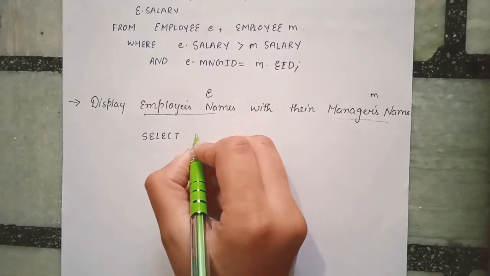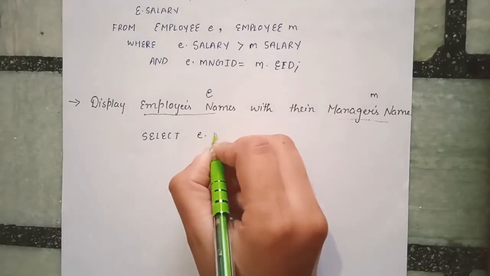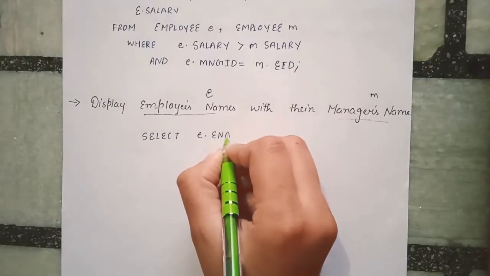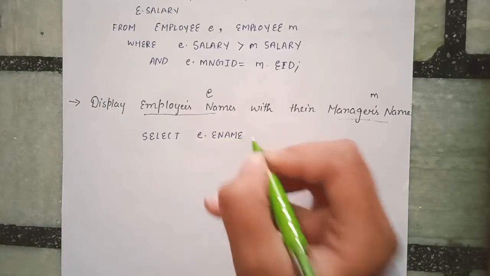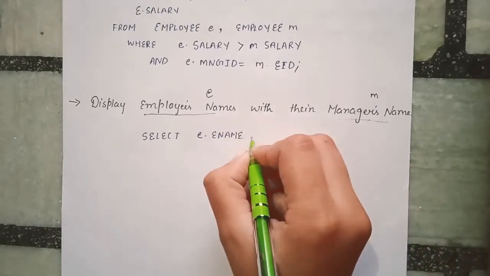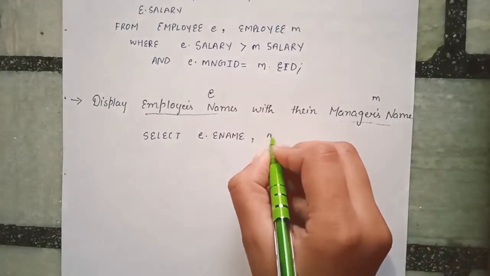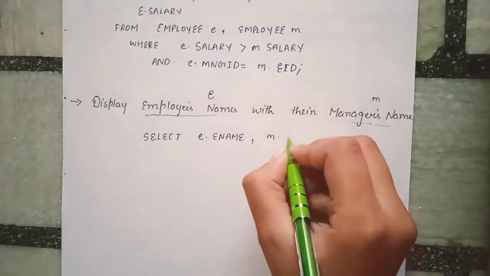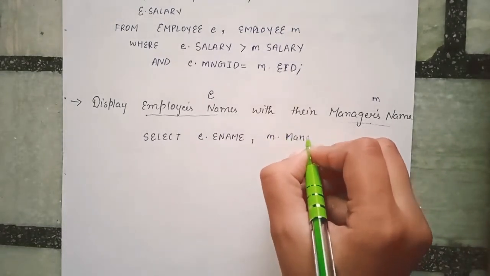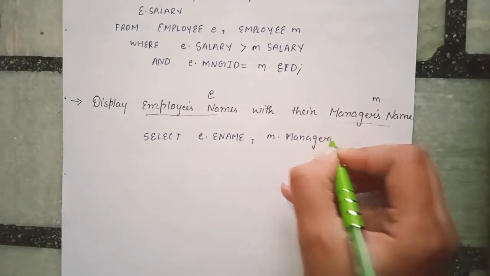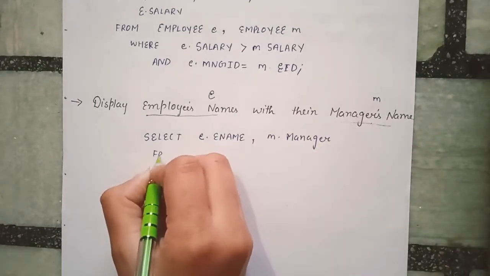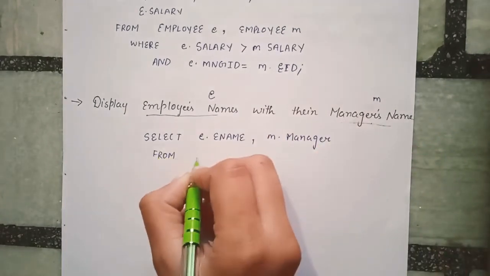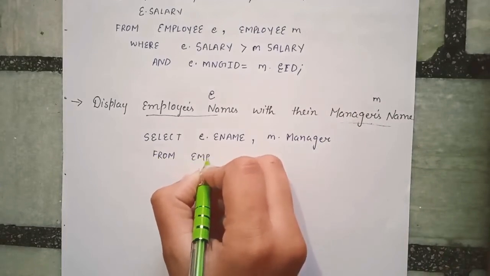We want the employee name, E dot name, from the E instance of the employee table, and second we want the manager name, which we fetch from the M table, M dot name. From what table? The table is the same, that is employee.